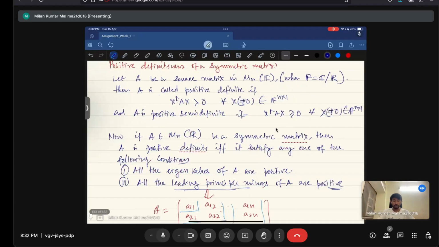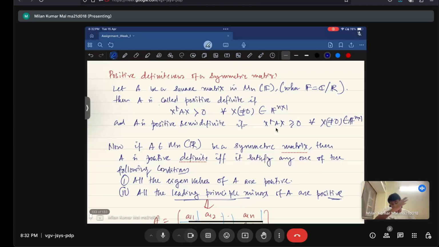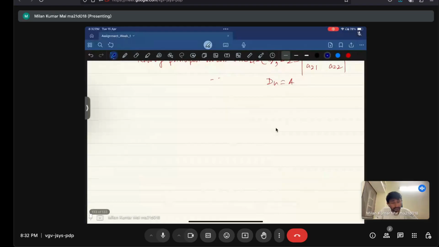So if it satisfies any one of the conditions, then it will be called like this way. But corresponding to a real symmetric matrix, we can connect a quadratic equation. Quadratic equation means 2-degree polynomial equations.